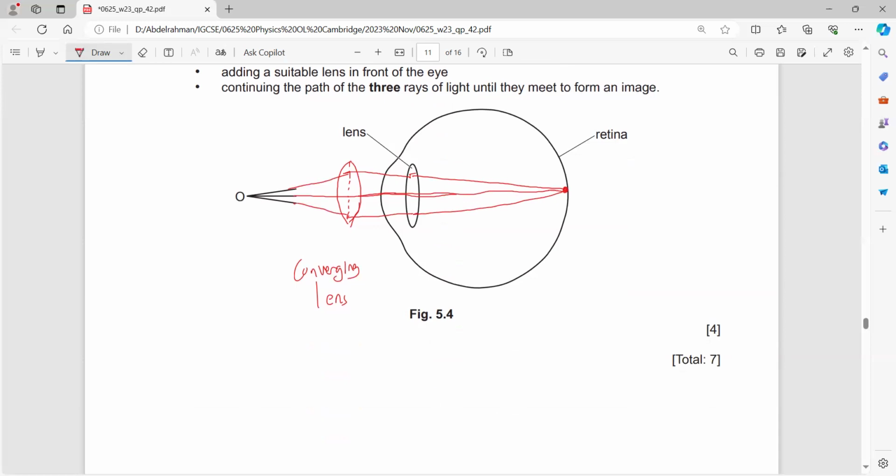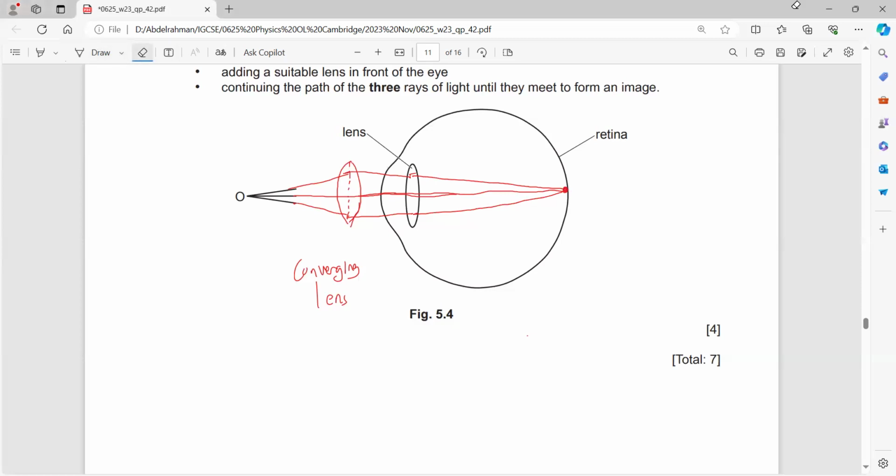Again, what did I do? You must use a converging lens. They will bend, they will refract, and then they will refract again inside the lens until they meet at the retina.